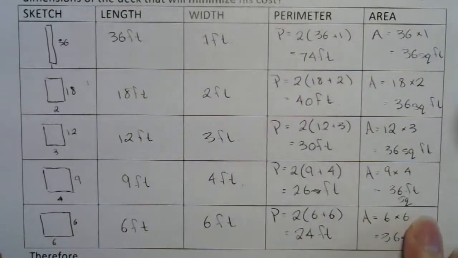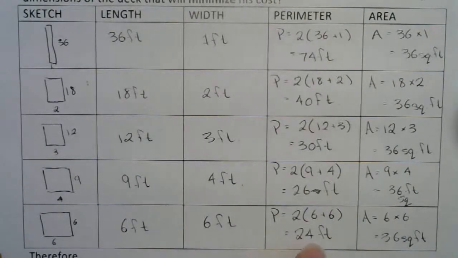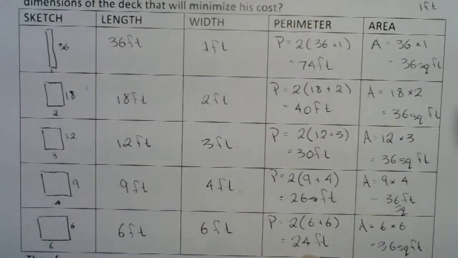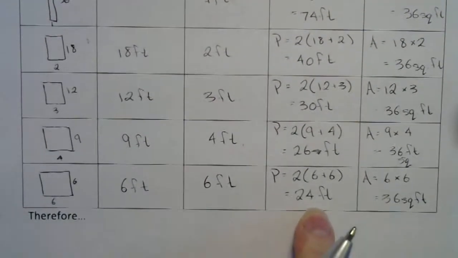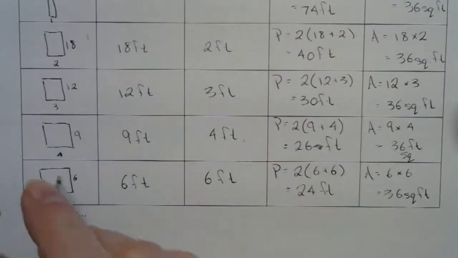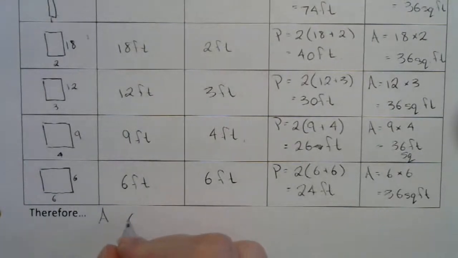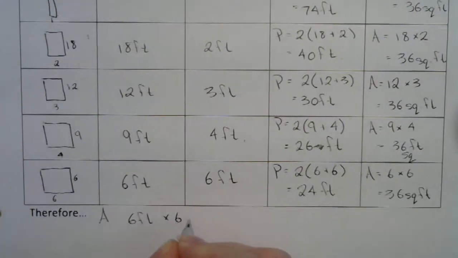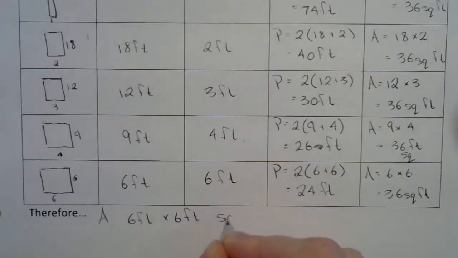They all have the same area, so what we're trying to do is optimize the perimeter, which means make the perimeter as small as possible. So this is our absolute best answer for this one. The best way to get our perimeter as small as possible, okay, is a 6 foot by 6 foot, which is a square.